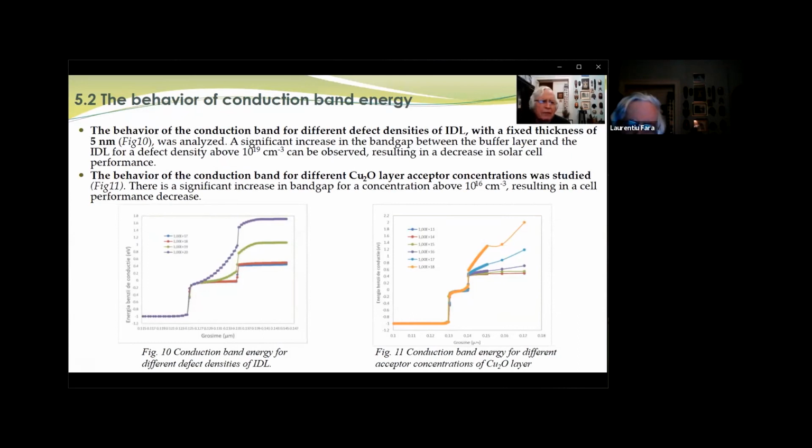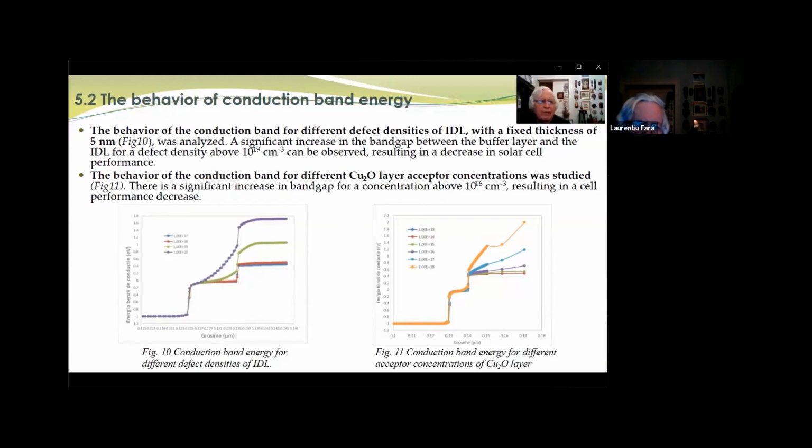The behavior of the conduction band for different defect densities of the IDL, with the fixed thickness of 5 nanometers, was analyzed, and an increase in the band gap between the buffer layer and the IDL for a defect density above 10^19 centimeters to the minus 3 could be remarked, and that is important for the decrease of the performance of solar cells.